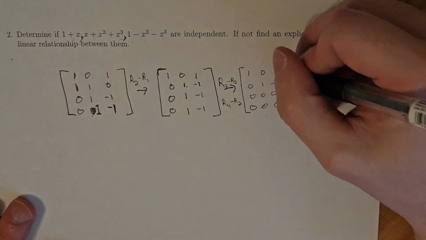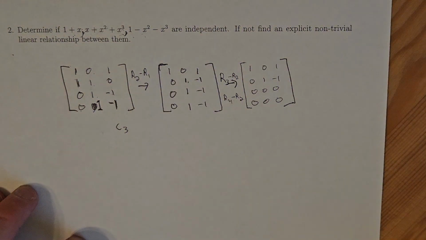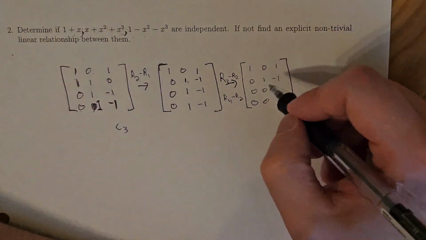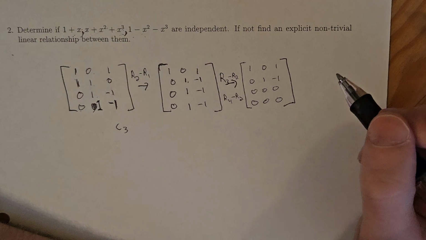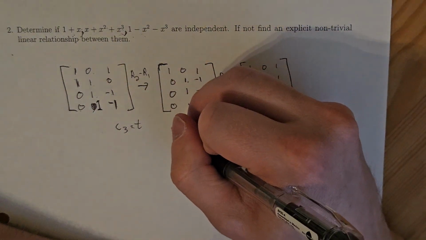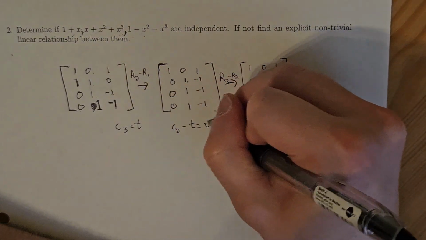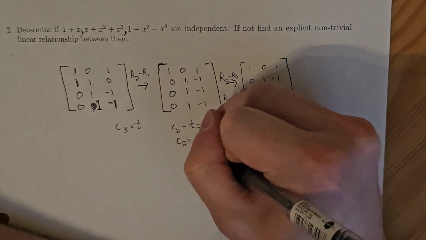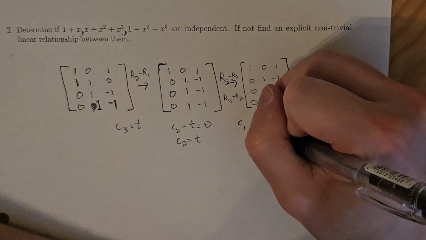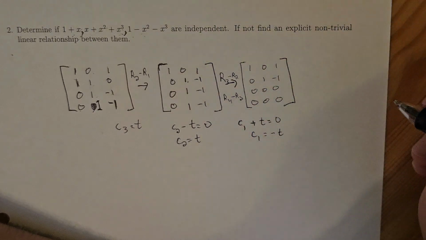Okay. And so our free variable is going to be C3. And our other variables, well, let's take C3 equal to t. Then C2 minus t is equal to 0, so C2 is equal to positive t, and C1 plus t is equal to 0, so C1 is equal to negative t.